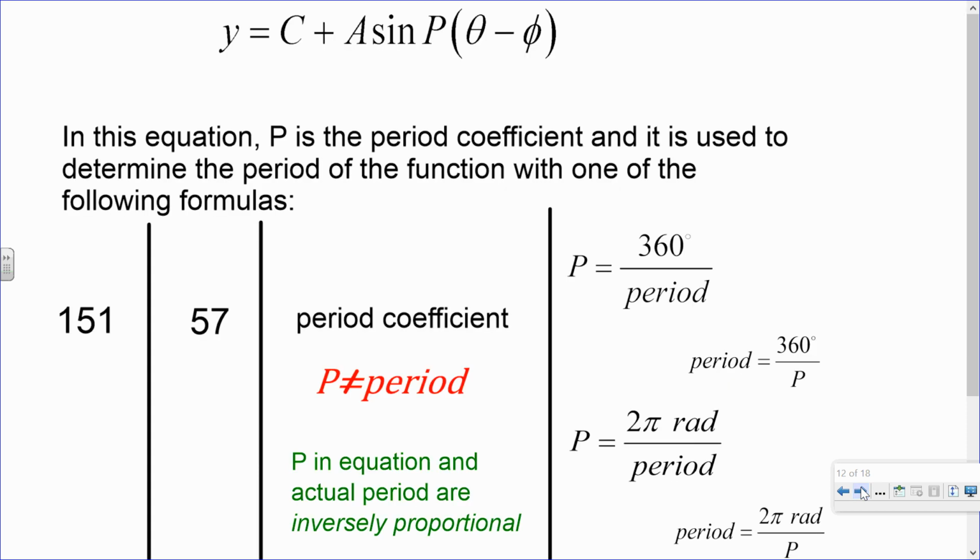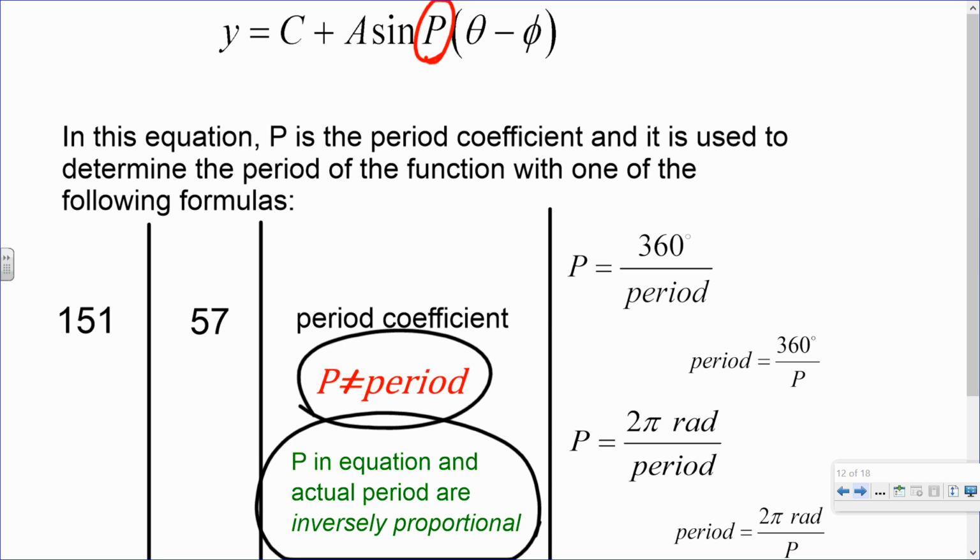So adding to our formulas, in this equation where y is c plus a sine p of theta minus phi, this number that we have in front of the theta is not the period. The number in the equation is inversely proportional to the period.